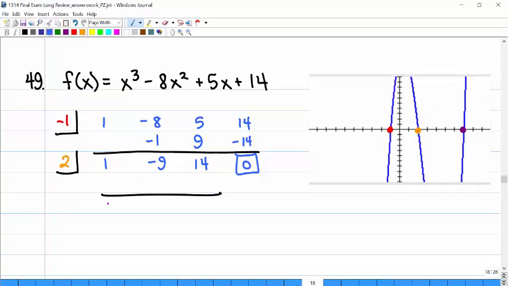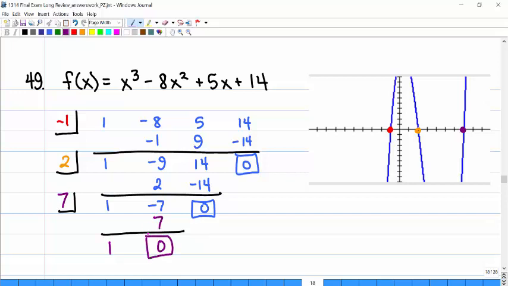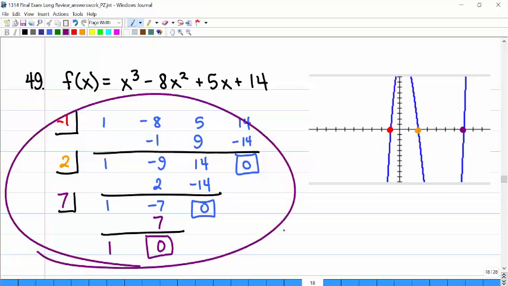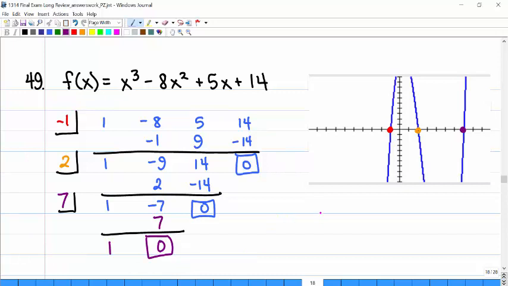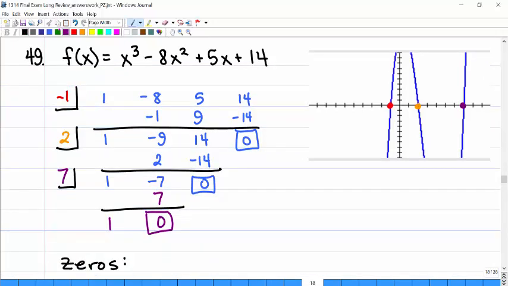When I do the synthetic division, I get a 0 remainder. And one more time to check and make sure that that 0 of x equals 7, 1 times 7, I do get a remainder of 0. Okay, so yes, I did verify that x equal -1, 2, and 7 are all zeros.